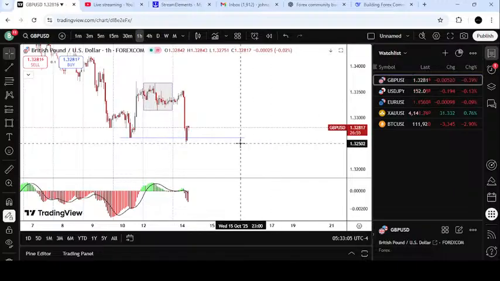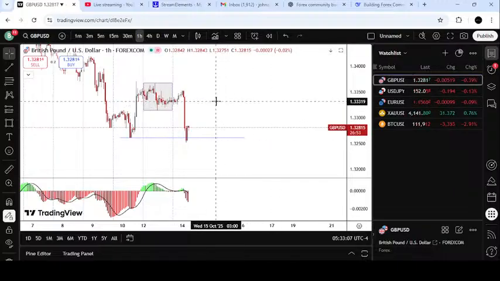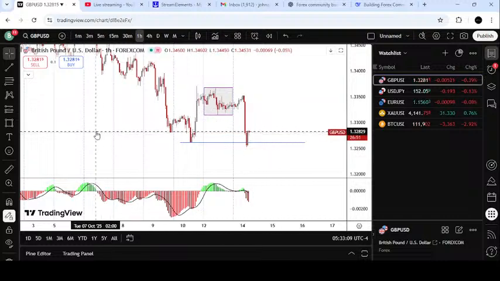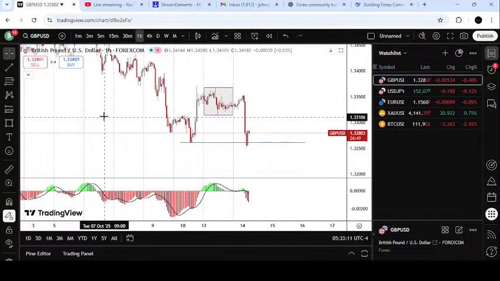We're going to be looking at GBPUSD for our analysis this week.